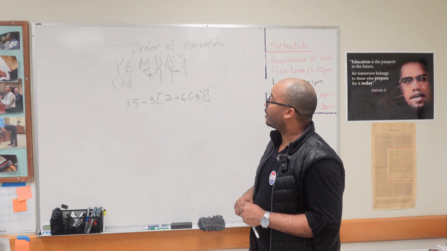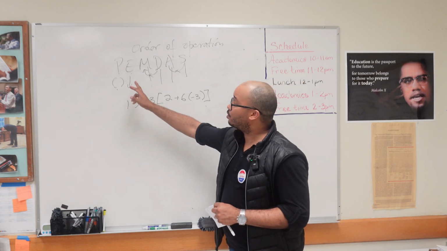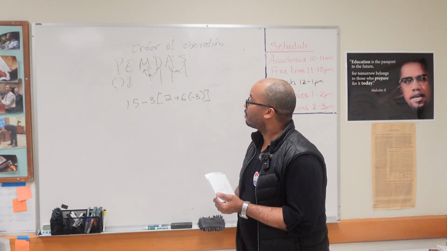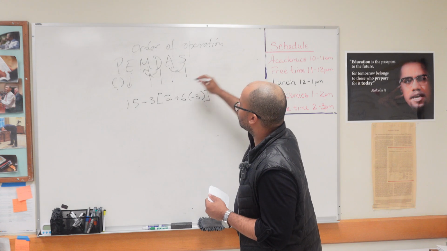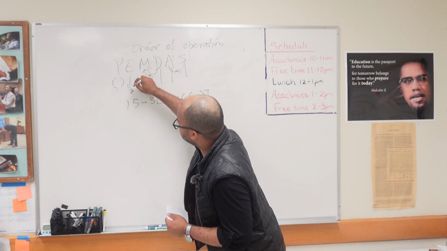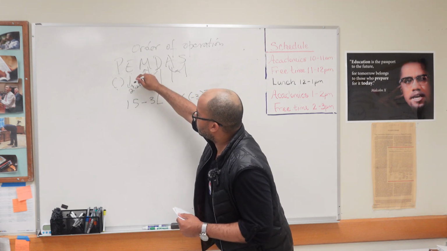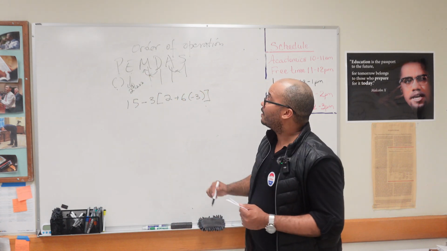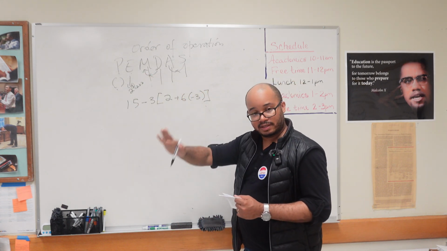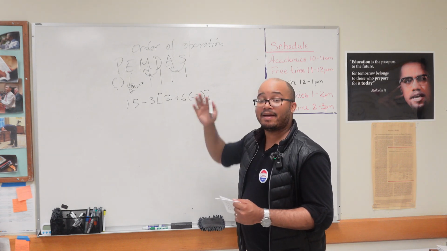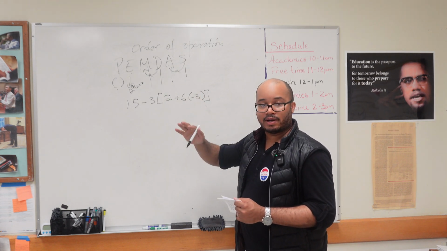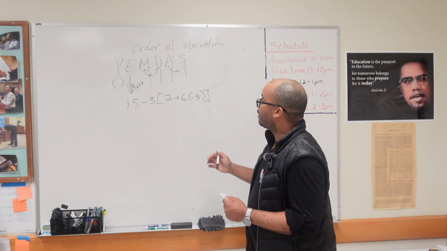And then after that, you do whatever has an exponent. An example would be 2 to the third, which just means you do 2 times 2 times 2. That little number is the exponent. Then you multiply and divide, left to right, whichever comes first. And then after that, you add or subtract, whichever comes first, left to right.